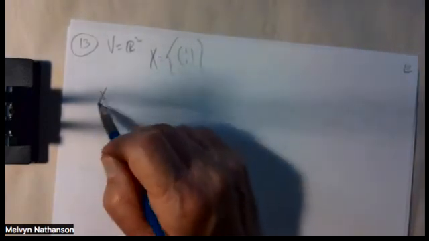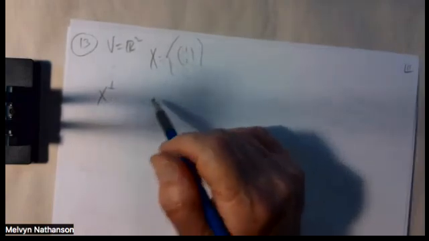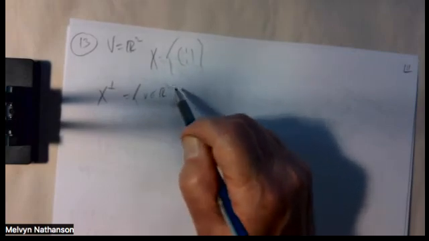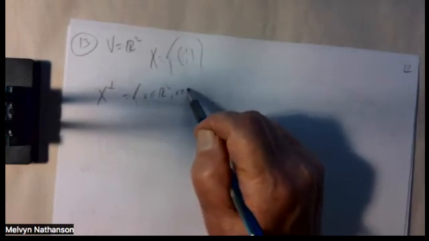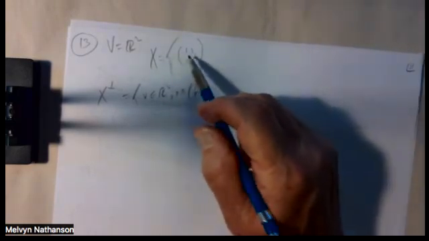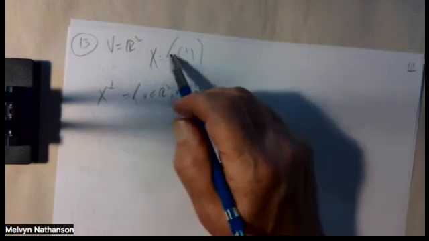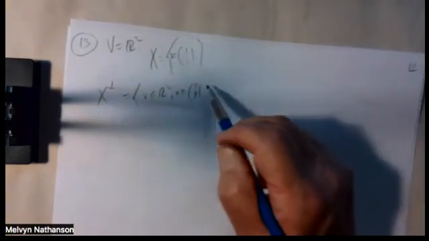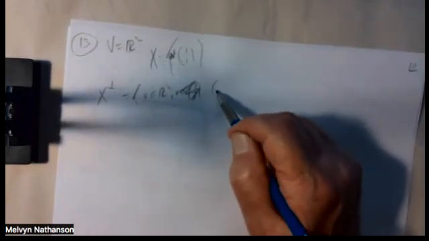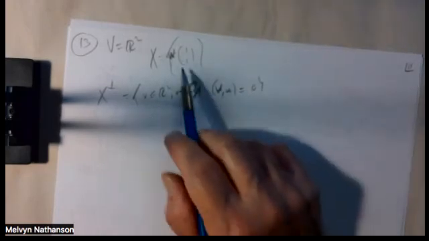And the perpendicular or orthogonal component of x is all the vectors v in R2, v equal to xy, where the inner product of these two, let me call this w. So it's all vectors v where the inner product of v and w is 0. All vectors perpendicular to this vector w.